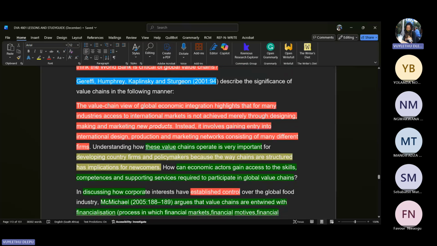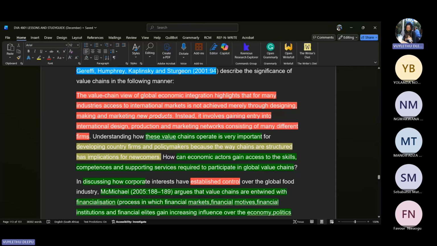Understanding how these value chains operate is very important for developing country firms and policymakers because the way chains are structured has implications for newcomers. How can economic actors gain access to the skills, competences, and supporting services required to participate in global value chains?